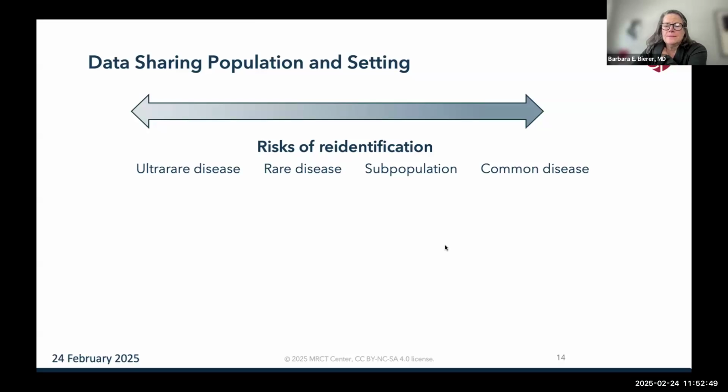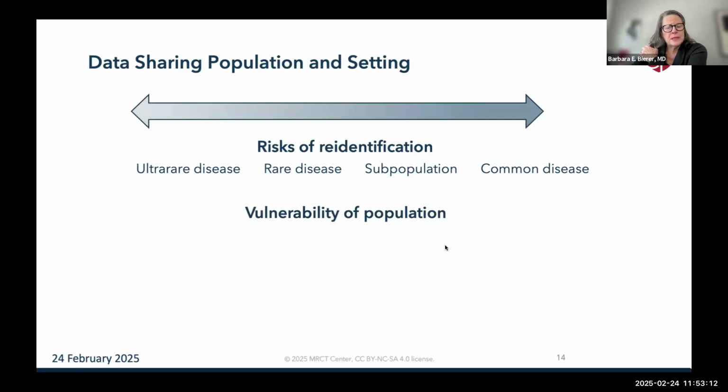So we have to be thoughtful about what we ask of ultra rare and rare disease patients, and how we protect that data and what access we give to it. And really have a robust consent process if we are going to think about it.